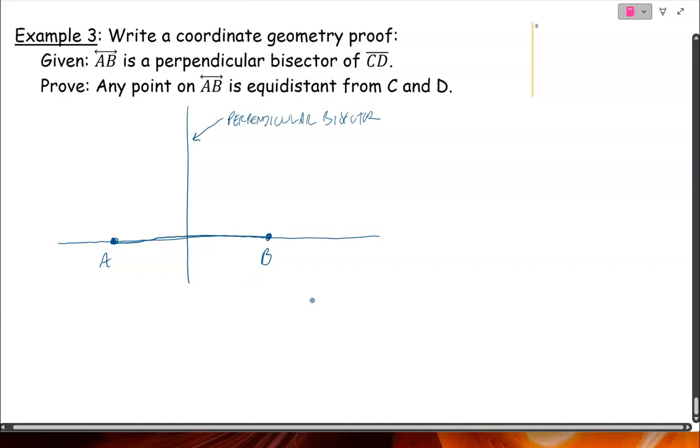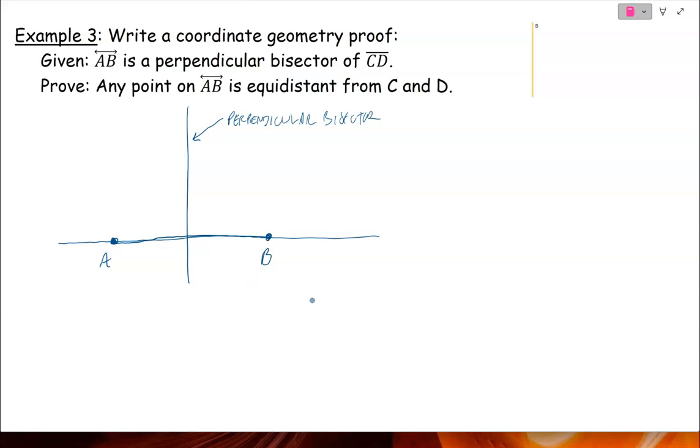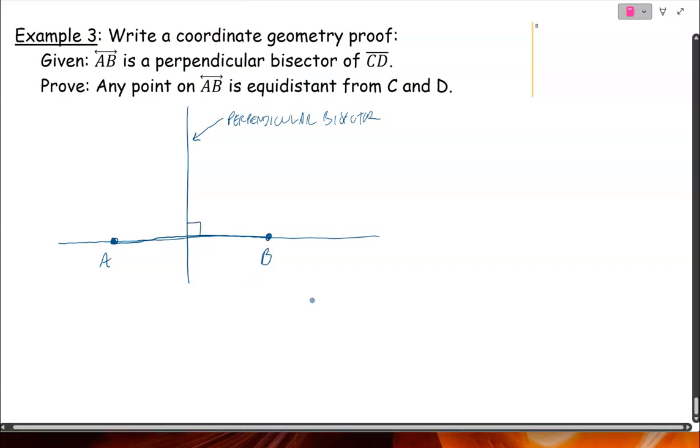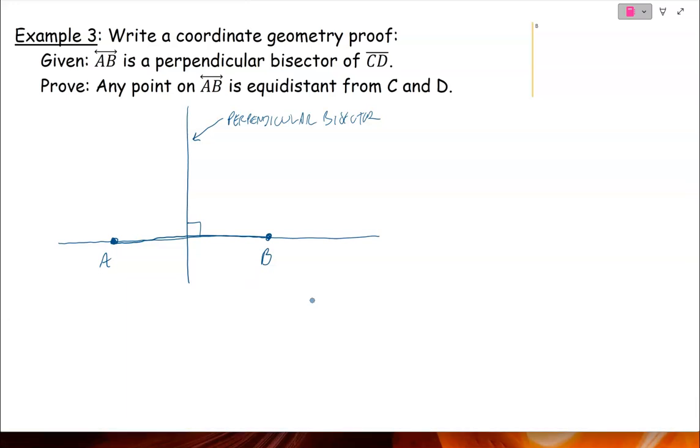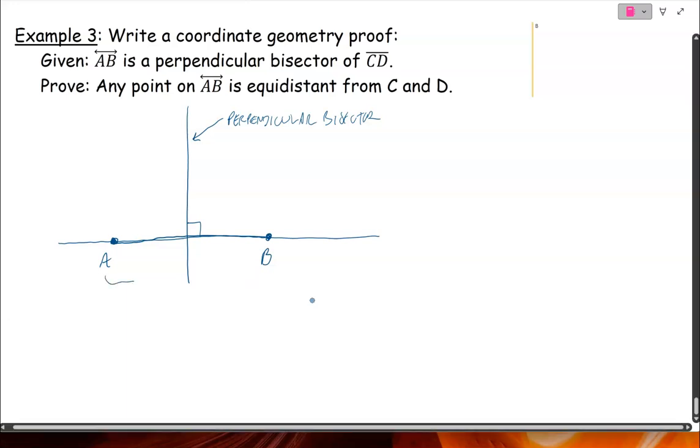By the nature of the axes, the x-axis is always perpendicular to the y-axis, so that gives us the right angle that we need. And to make sure that it's a bisector, we want to make sure this distance and this distance are the same.